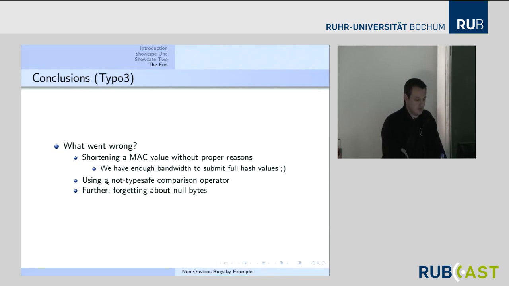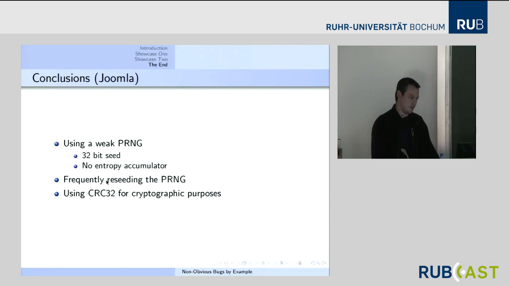Because if the MAC value would have been larger, then we would have to spend more time to try and influence the value till it hits a numerical value. But this one is short enough to make it feasible. In Joomla, well, first of all, they used a weak random number generator, 32 bits of seed, no entropy accumulator.